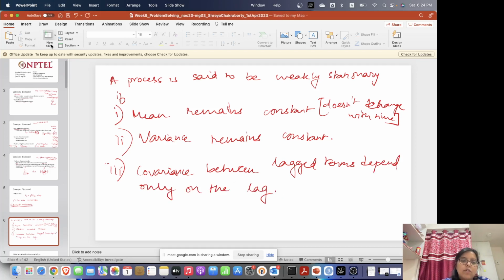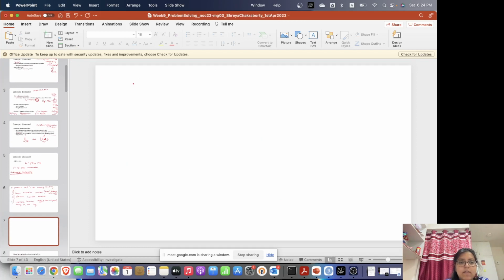To formulate this mathematically, if this is my process, then the expectation of epsilon t should be some constant.